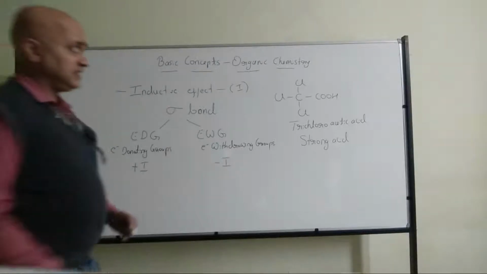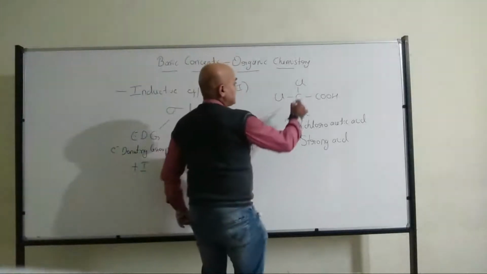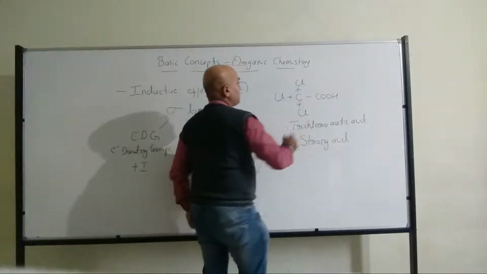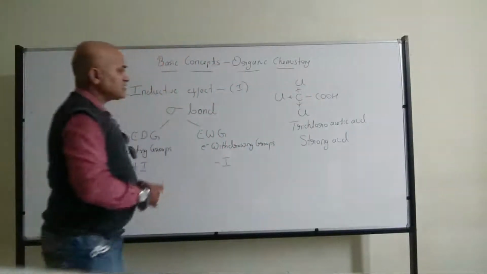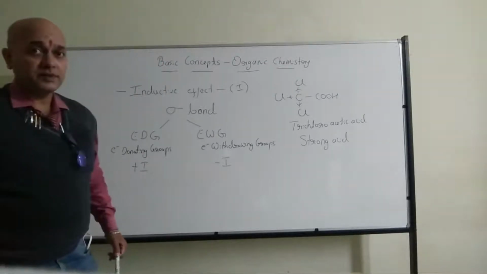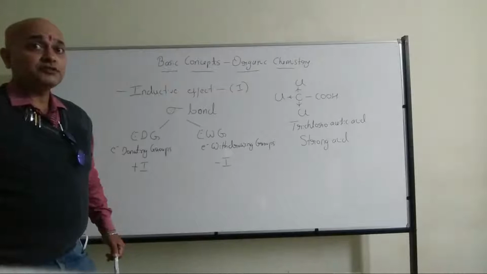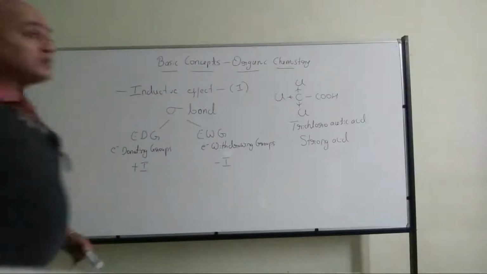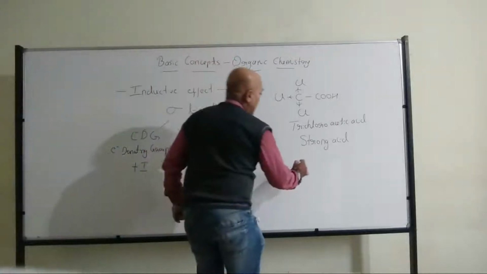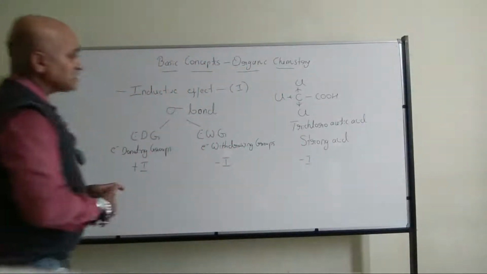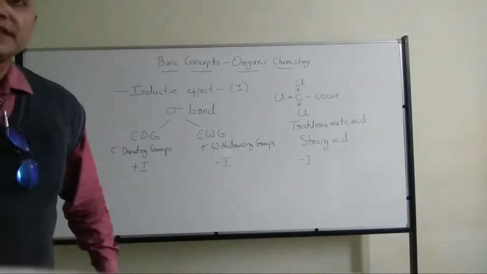It is because of the presence of an electron withdrawing element, that is chlorine. So due to the negative inductive effect, it will behave as a strong acid.